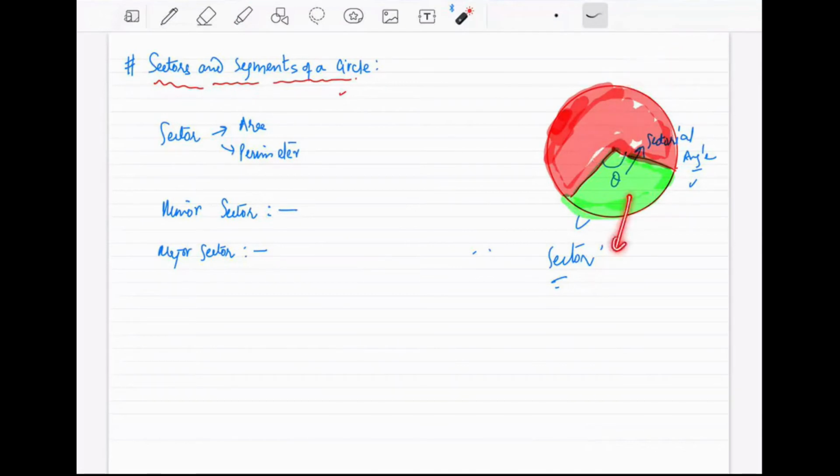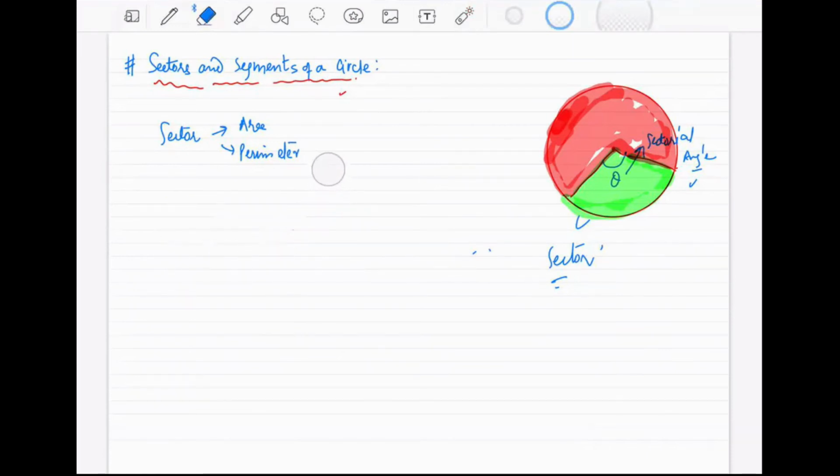So this green part is the minor sector because the sectorial angle is less than 180. And the remaining part is called the major sector. Right. I think we are clear on what minor sector and major sector is.